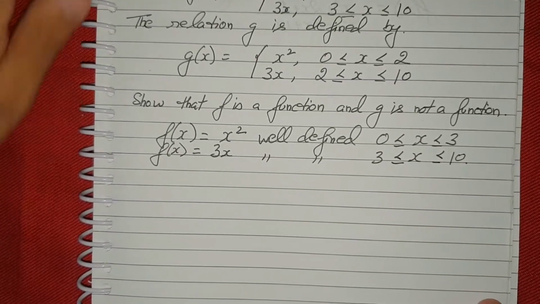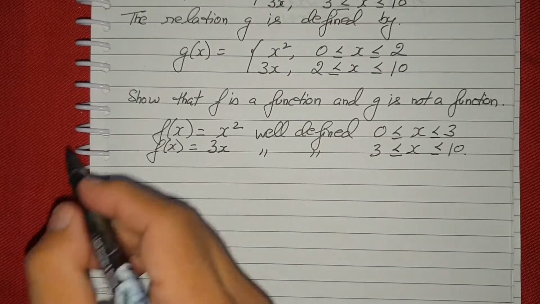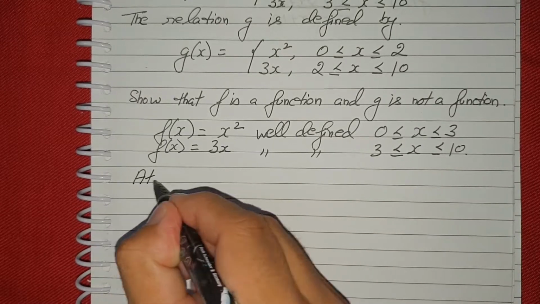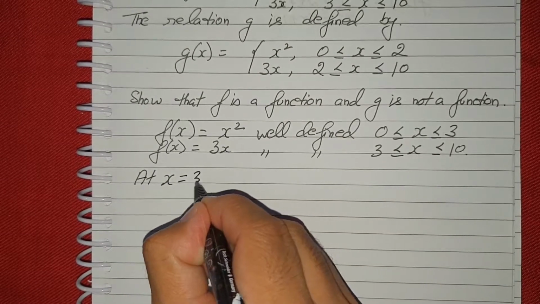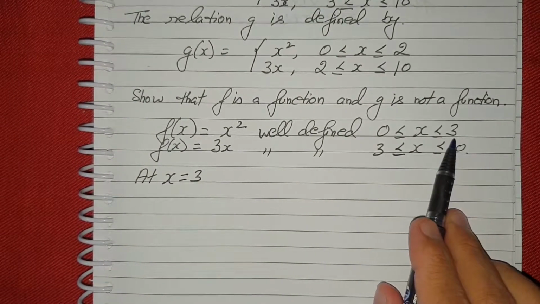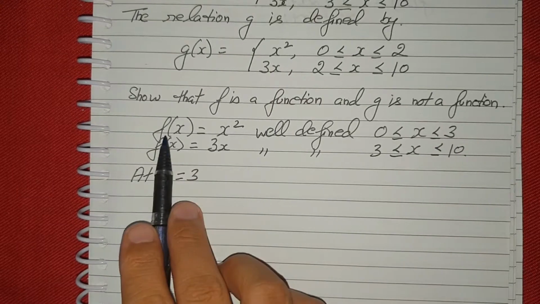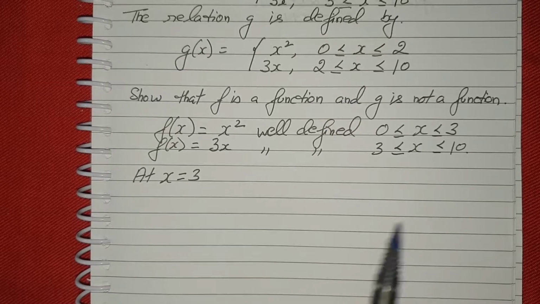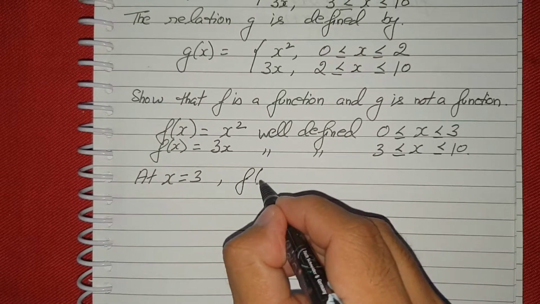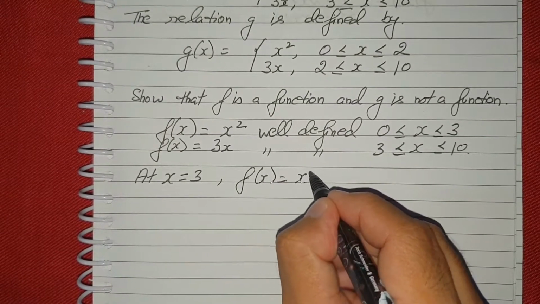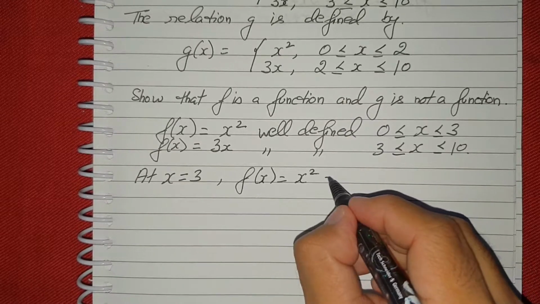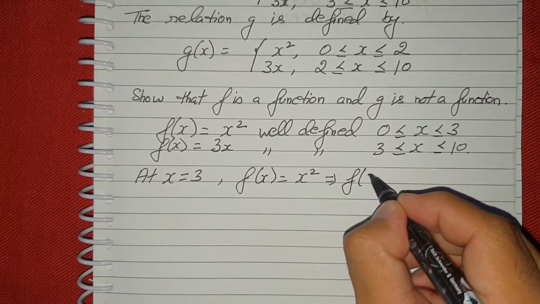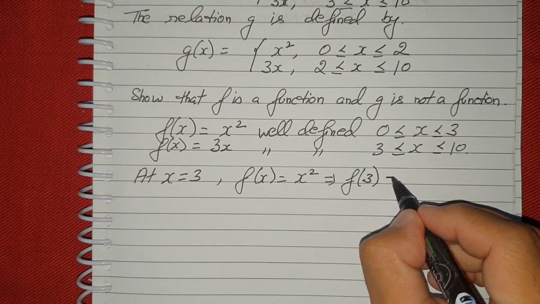Now we will take x equals 3. At x equals 3, we can take this one as well as this one. So at x equals 3, f(x) equals x square. This implies f(3), now what is 3 square? 9.